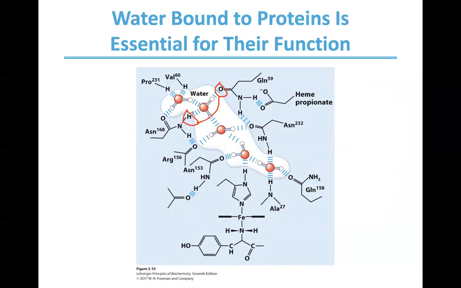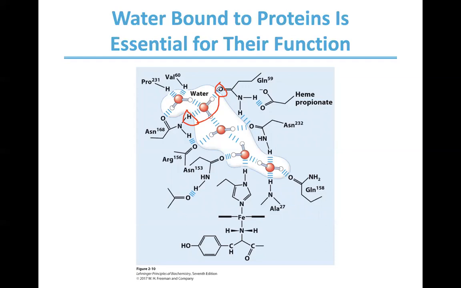If you think about it, the distance from this hydrogen to this oxygen is too large to form a hydrogen bond. But if you stick a molecule of water in between, so that this hydrogen interacts with this oxygen and this oxygen interacts with this hydrogen, there's a very nice bridge.